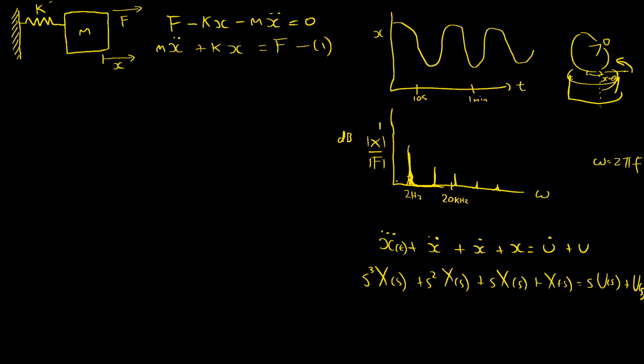There's a lot more to the Laplace transform, but this is all we really need in the context of this video. Now there's two things I need to clarify here. The first is this transform would normally have extra terms. We would normally have to consider the initial conditions of the equation.